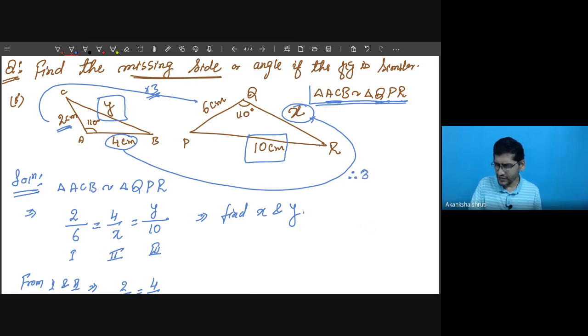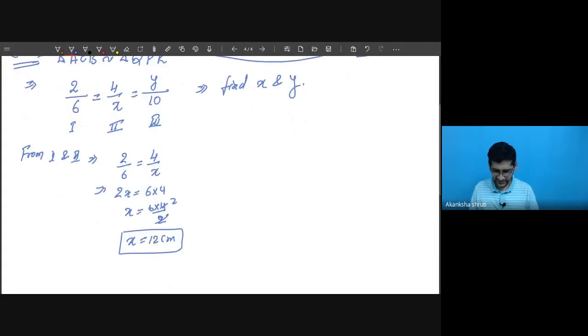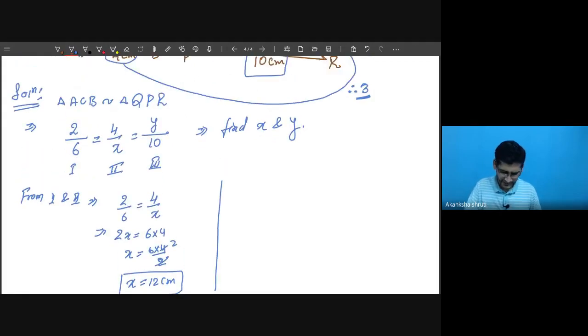This way you can quickly also understand in solving the MCQs. But if it is asked in a subjective one, you have to write these as steps. It was the first one. Now from this, you have to take the other equation also. From 1, which is the known, and the third, in which y is unknown.